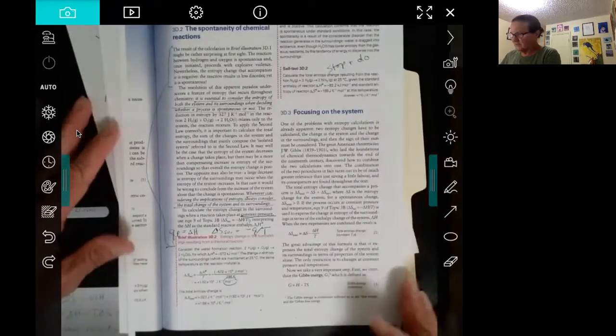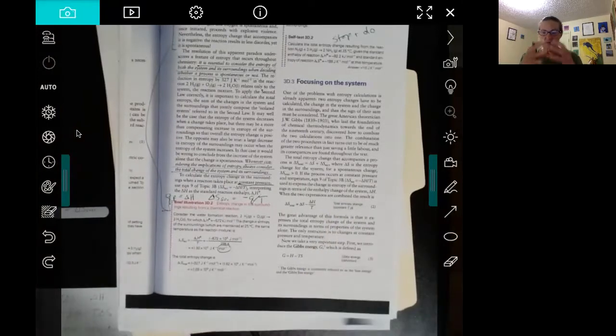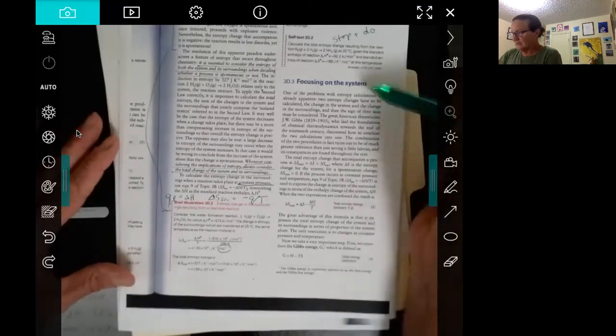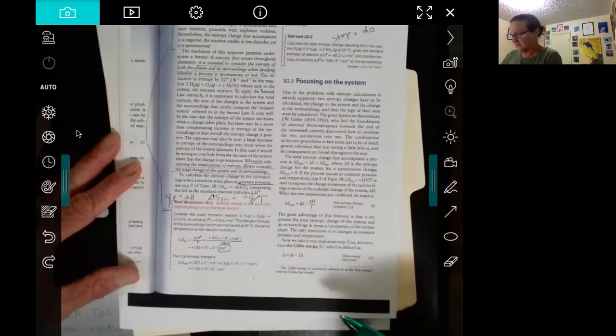It would be nice if we had a function that would allow us to just look at what happened to the system and to decide if the process was spontaneous. So what we're going to do is introduce a function that allows us to look at just the system.